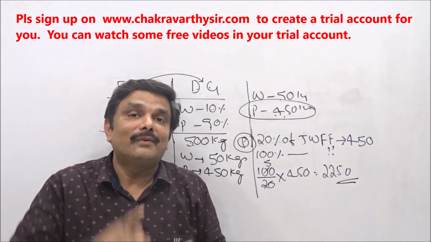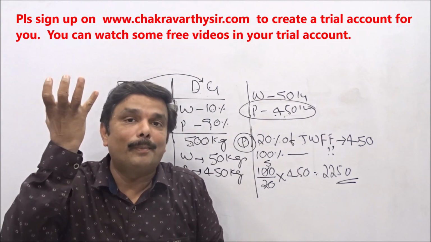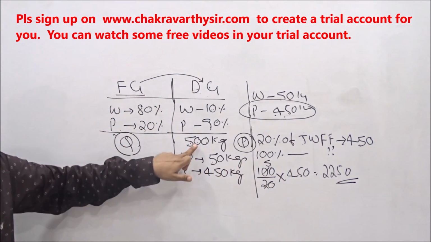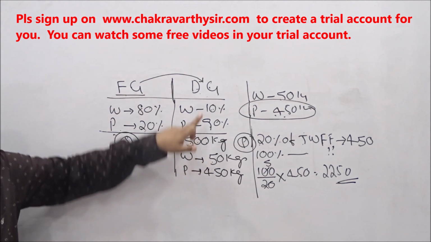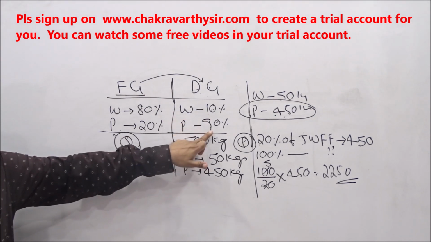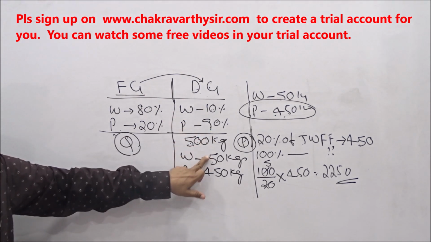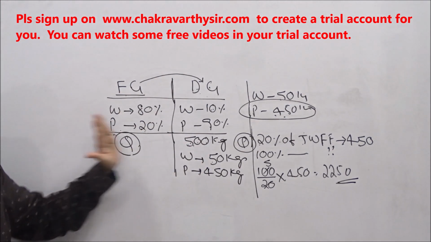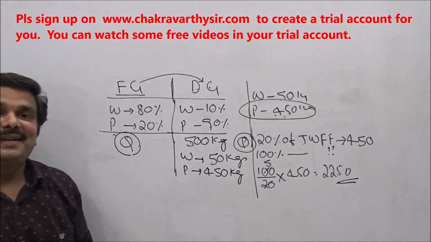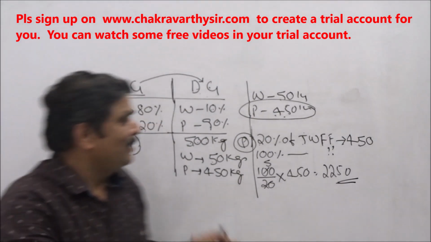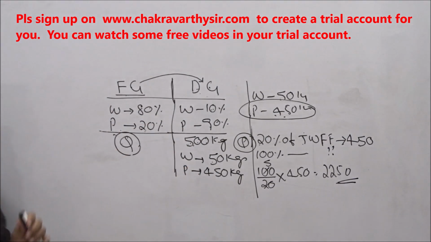When it is dried, water evaporated, then it has become 500 kgs. Then water is 10%, pulp 90% in the dry fruit. When it was fresh, this is the status. Hope you must have got the idea. Very simply you can solve this question.